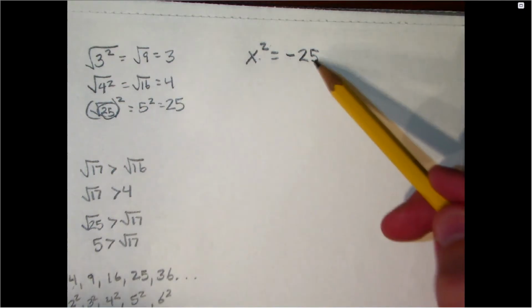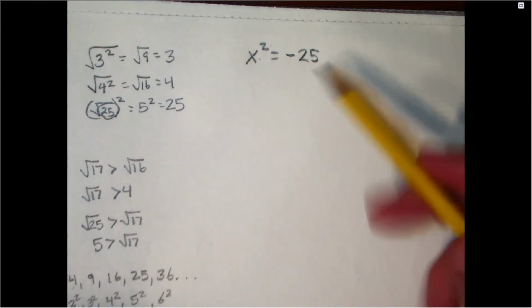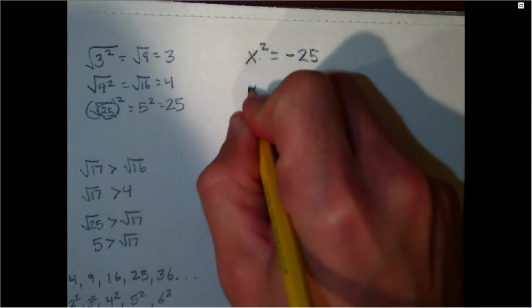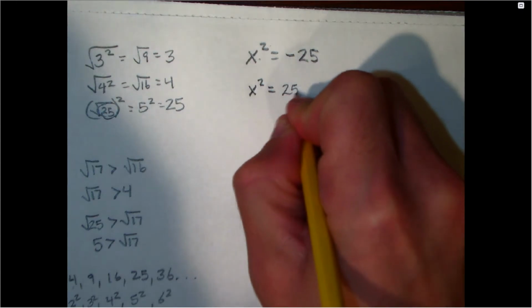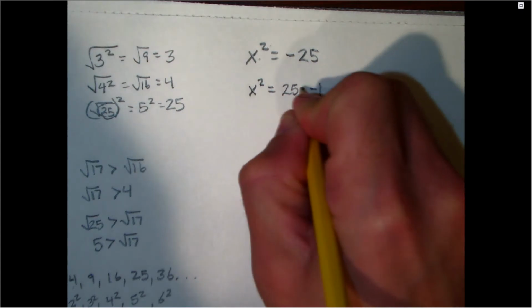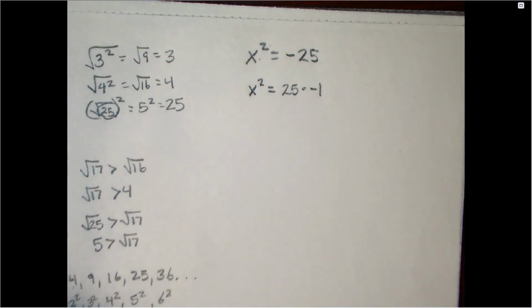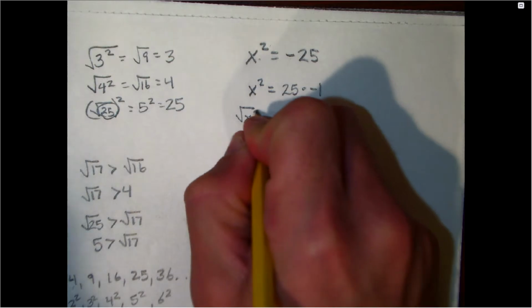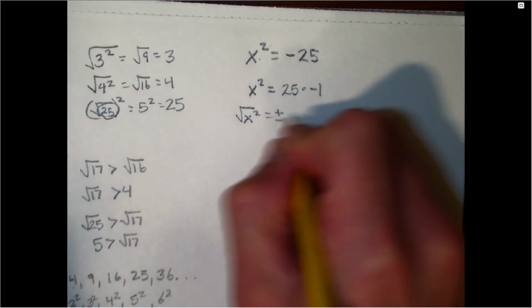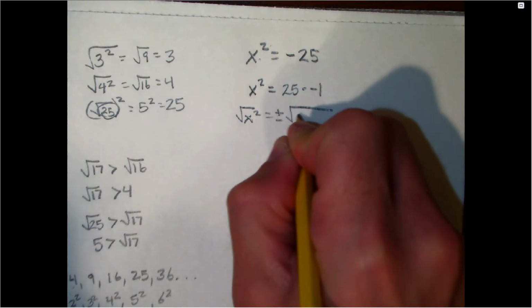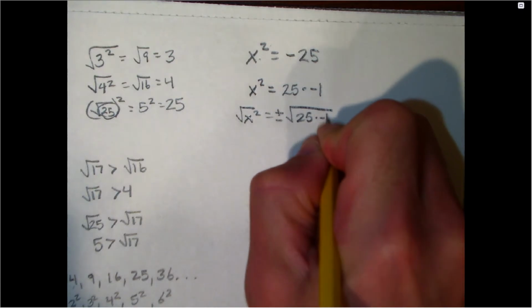So this is what we're going to do. We're going to break this number up, just like we did before. I'm going to say that x squared is equal to 25 times negative 1. So that's going to be a little bit interesting. Here's what I do with that. I say the square root of x squared then equals the positive or negative version of the square root of 25 times negative 1.